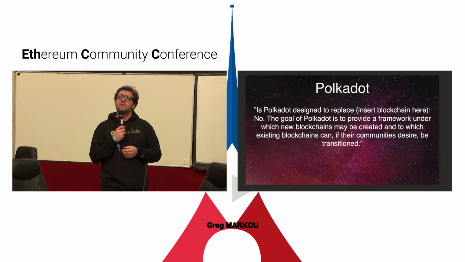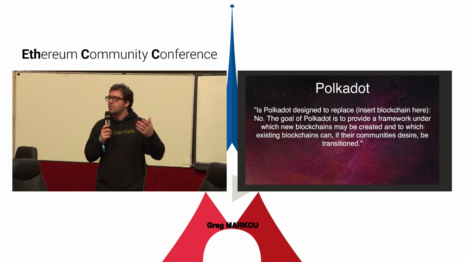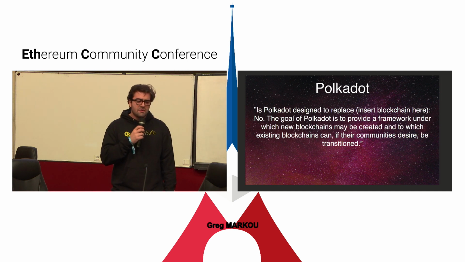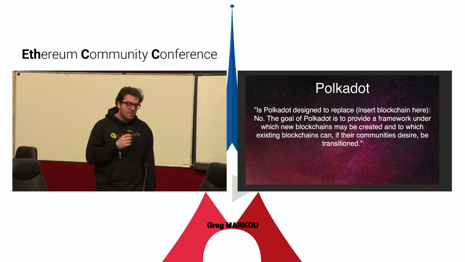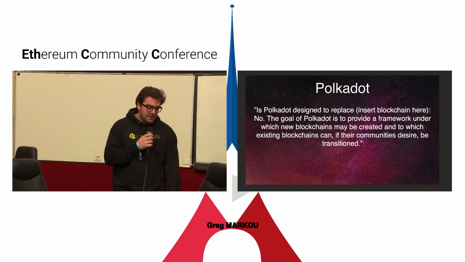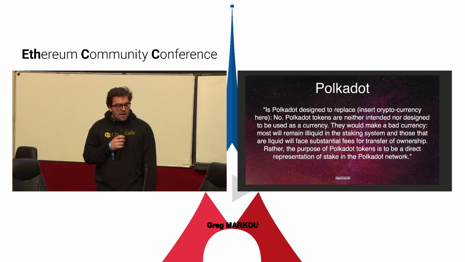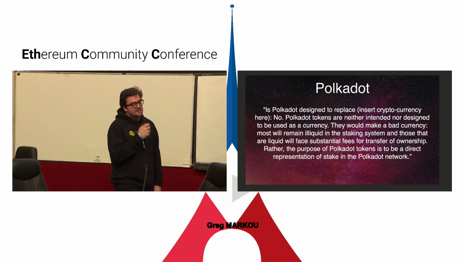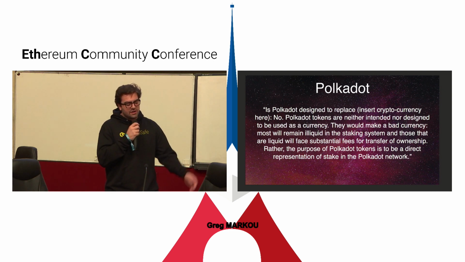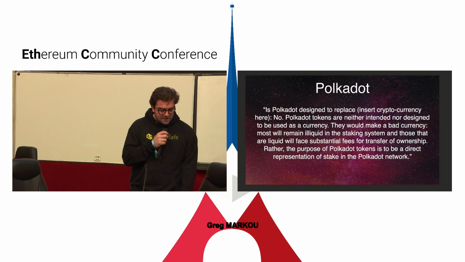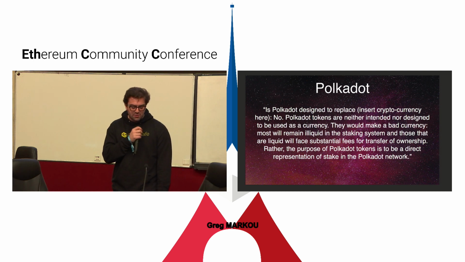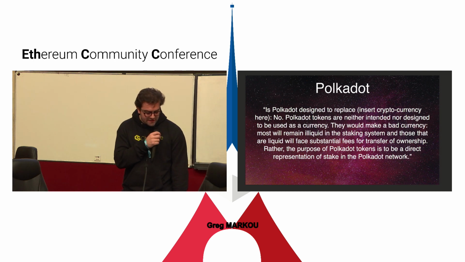If you go to Reddit or other social media, you find people making this complaint. In reality, they can work together. It's the same question of whether the token is designed to replace X cryptocurrency. All of these are meant to work together.